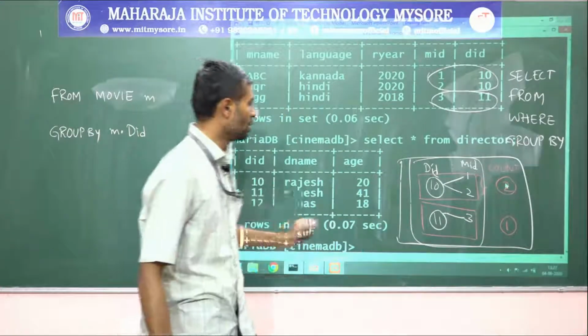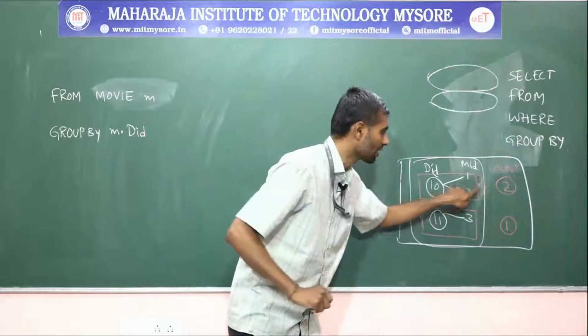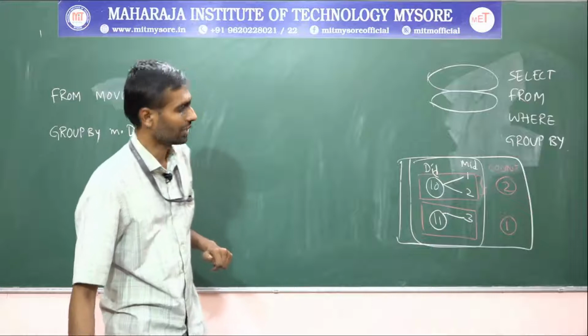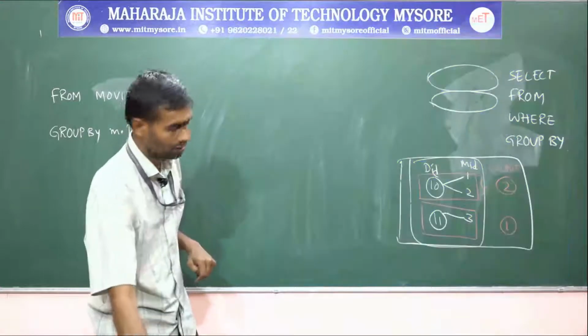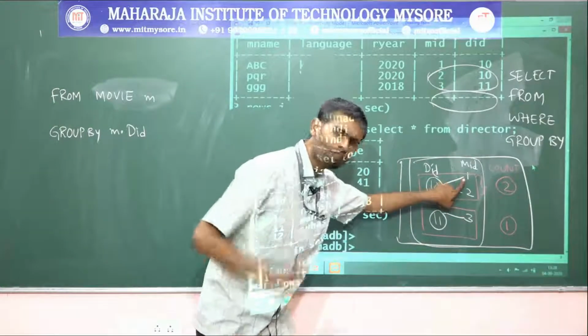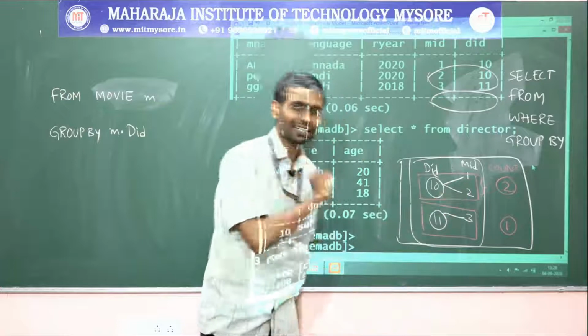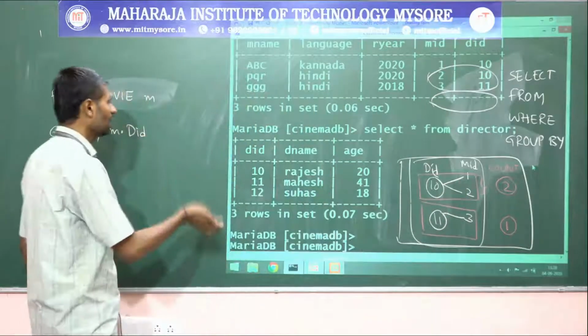What is the next step? Next step, we are counting. Counting what? Counting a DID? No, we are counting the movie ID, right? So counting a movie ID.